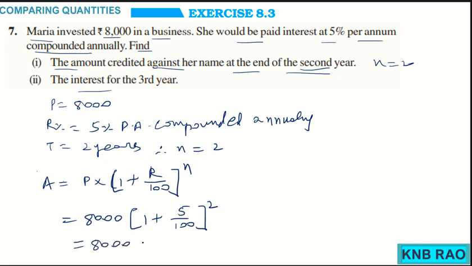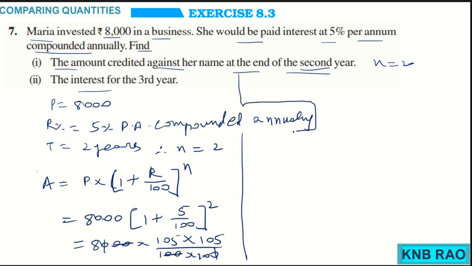So 8,000 multiplied by 105 into 105 by 100 into 100. So these 2 zeros cancel, and this 1 zero cancels with this. Now you have to multiply 8 with 105 squared and divide this product by 10. This is going to be the amount. After simplification, you will get 8,820 rupees as the amount.